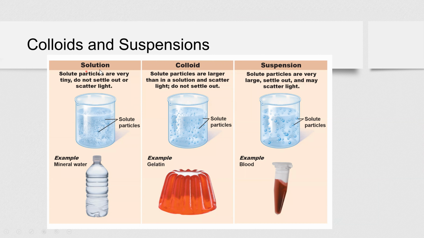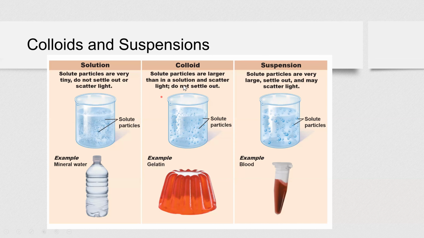So, for example, an example of a solution is mineral water. So solute particles are very tiny and they do not settle out or scatter light. Then we call it a solution, right?